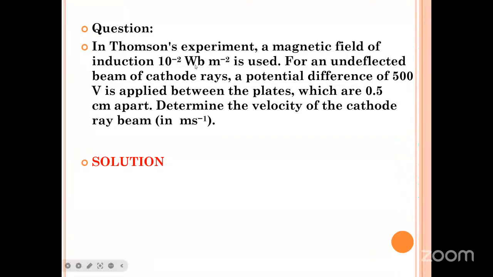So this one, the magnetic field strength is given. This one is also talking in terms of the potential, the electric field strength, applied between the plates, which are 0.5 centimeters apart. Determine the velocity of the cathode ray beam in meters per second. So this one is a bit straightforward.